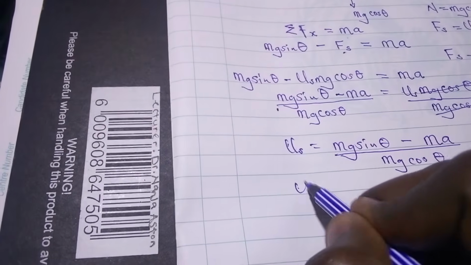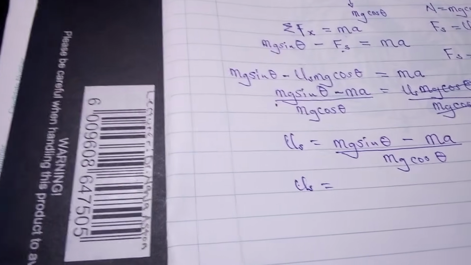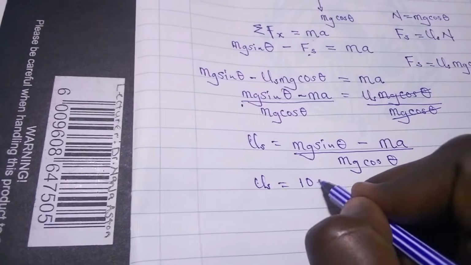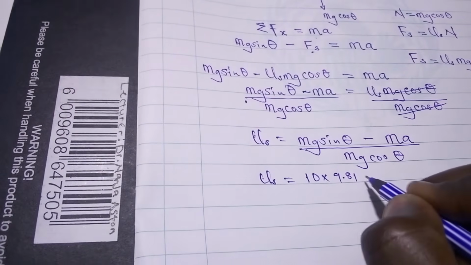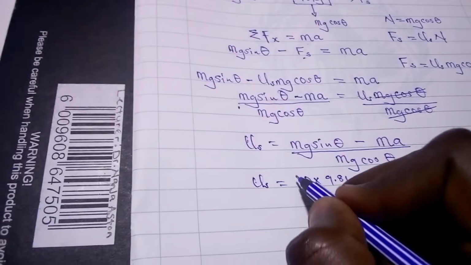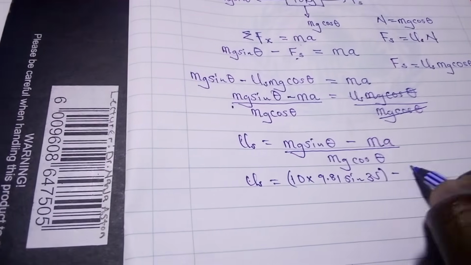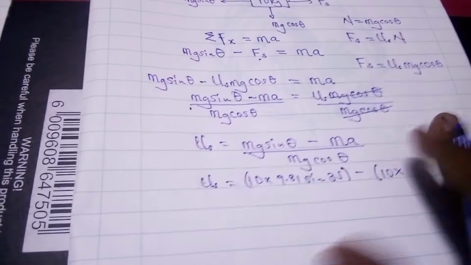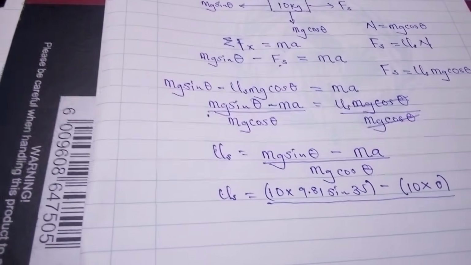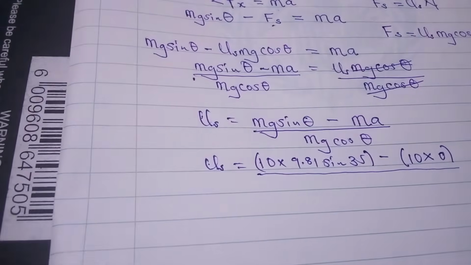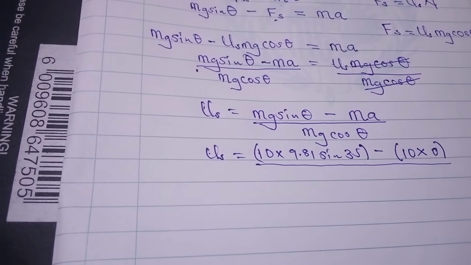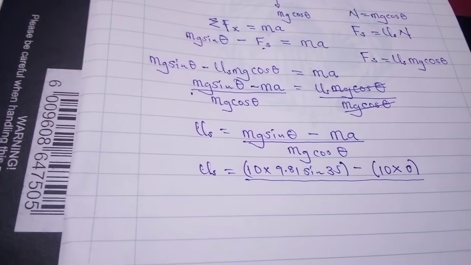So the coefficient of static friction is going to be the mass, which is 10, multiplied by 9.81 sin theta, where theta is the angle, 35, minus mass 10 times the acceleration, which should be 0, because the object was sliding downward, meaning only the acceleration due to gravity was influencing the motion, or the object is in static equilibrium.